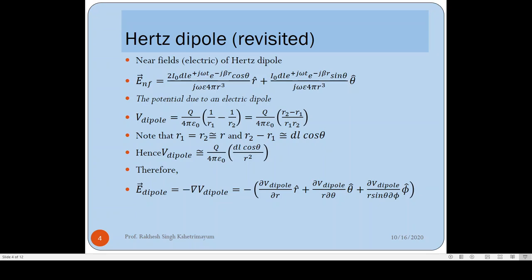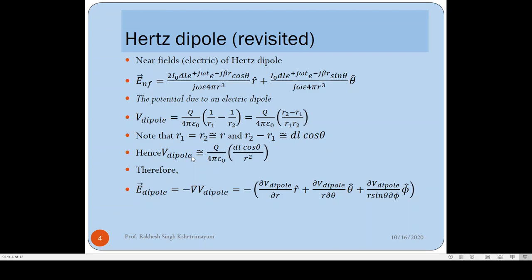If you are observing this electric potential at a little bit far away distance from the dipole, then since the size of the dipole dl is infinitesimally small, any distance you move a little bit further from the dipole will be very far away from the source.